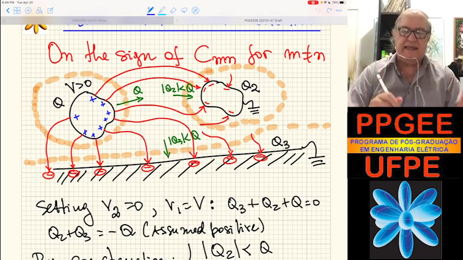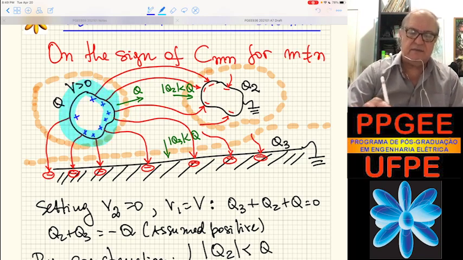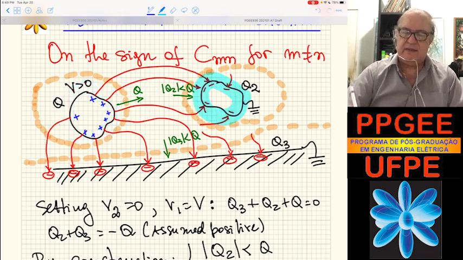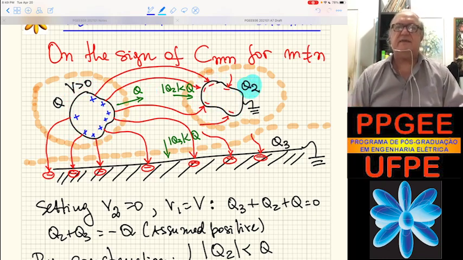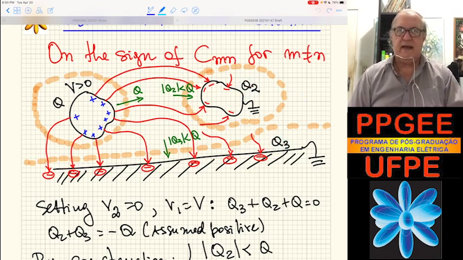All the lines have to come out from the positively charged electrode, which is this one here, and end in the other grounded electrodes. And the amounts of charge on Q2 and Q3, either one, are smaller. They are negative and smaller in magnitude.